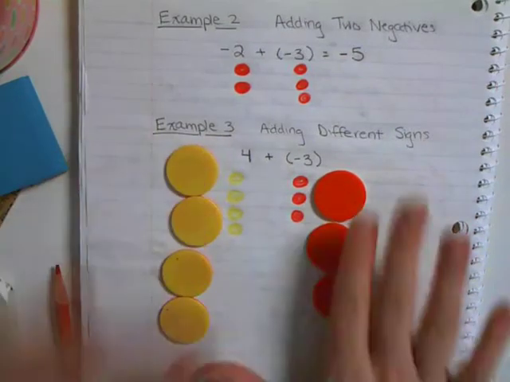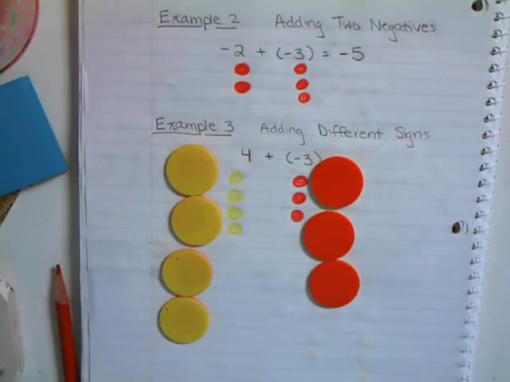Anybody notice anything about these yellows and reds? It's 1 chip off. Okay, so there's 1 less red than there is yellow. Okay, what else do you notice?